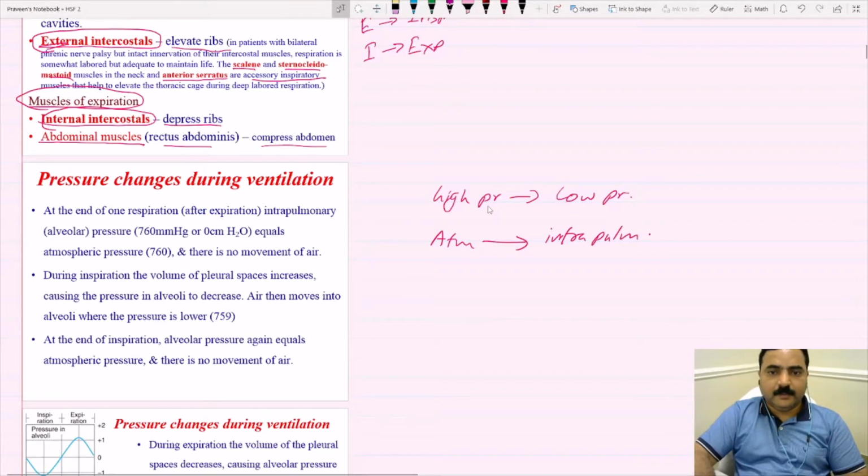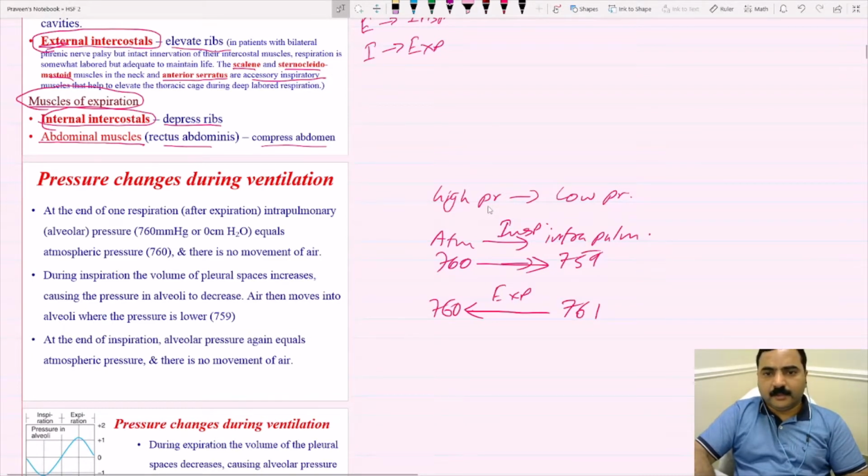The atmospheric pressure is considered as 760, and the intrapulmonary pressure for inspiration should be around 759. Then the air can flow from the atmosphere into the lung. And during the process of expiration, the air should flow from the lung to the atmosphere. So that means the intrapulmonary pressure should be more than the atmospheric pressure. Then we exhale.